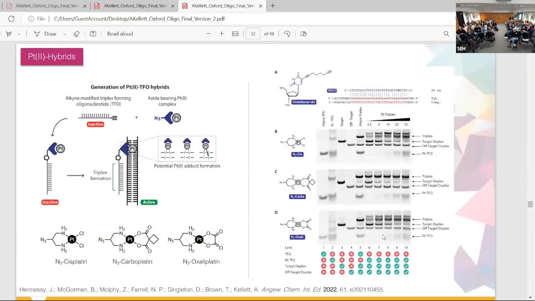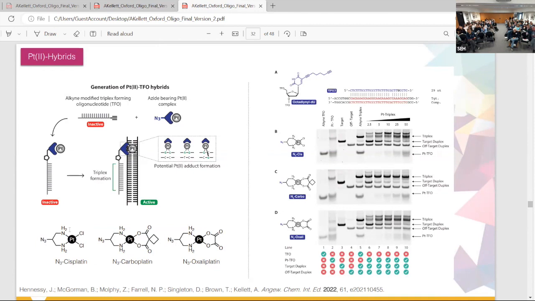And finally, we've also been able to incorporate platinum drug molecules, and this work is in collaboration with Professor Tom Brown and his group. And for a long time, the field has been trying to introduce platinum drugs which have this cisplatin chemotype allowing a crosslink, but there's been a lot of synthetic challenges associated with doing this.